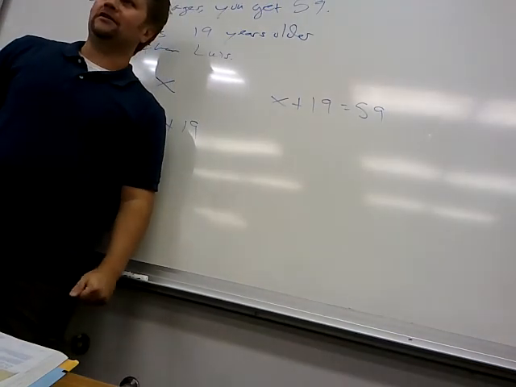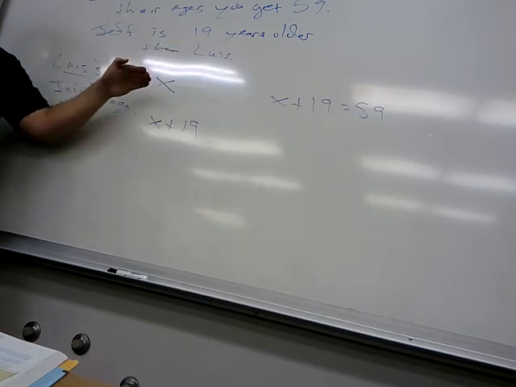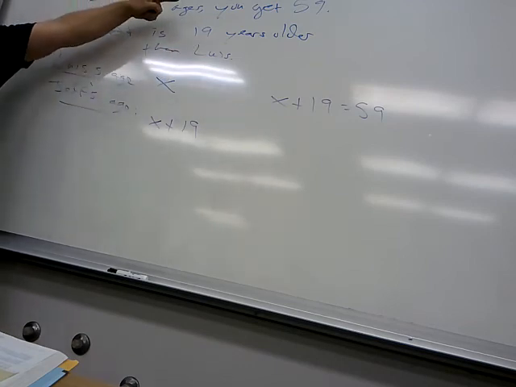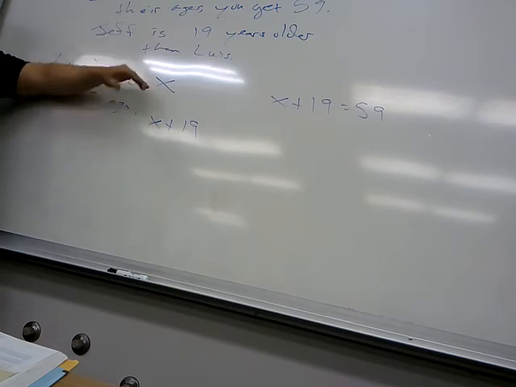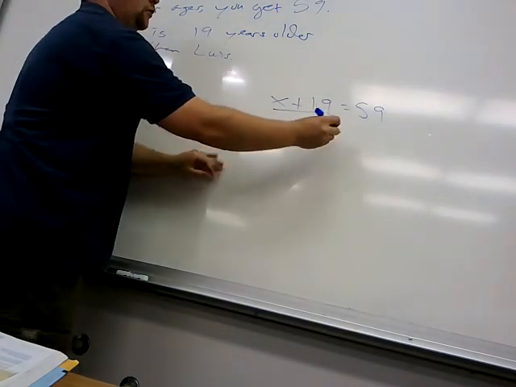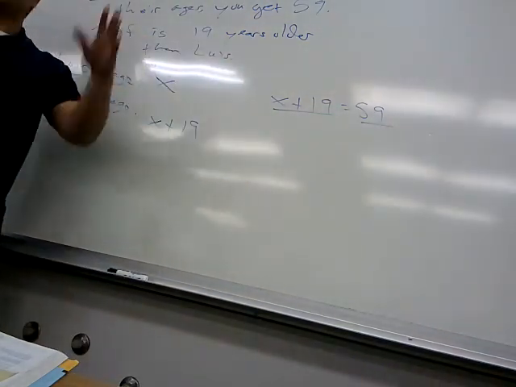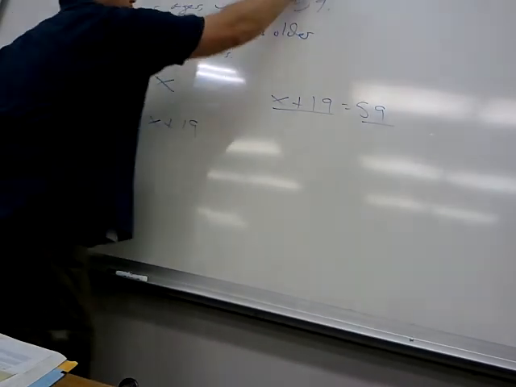Thank you so much. So you say that's a mistake. What do I do to get 59? 2x. Add those. So I think part of it is some of you guys don't even write this down, and you just see the 19 years older. So you say, okay, there's the 19 years older. You get an answer, and you're wrong. Because you didn't do this.